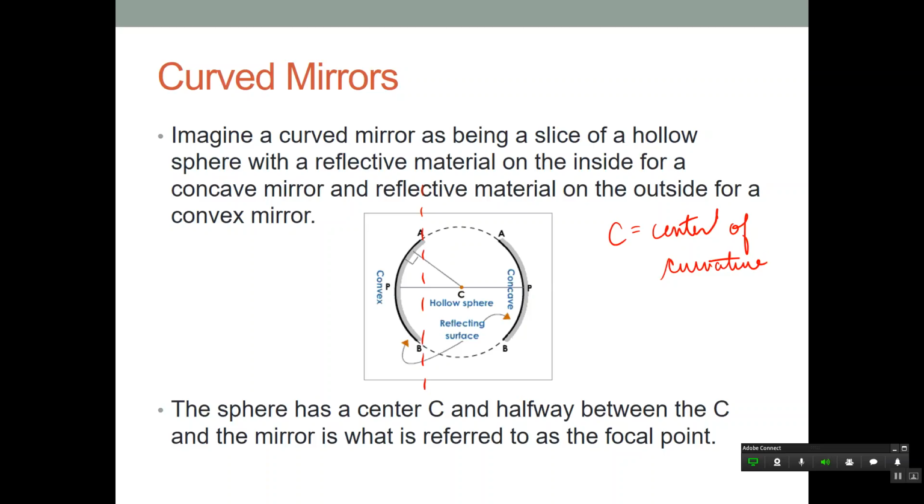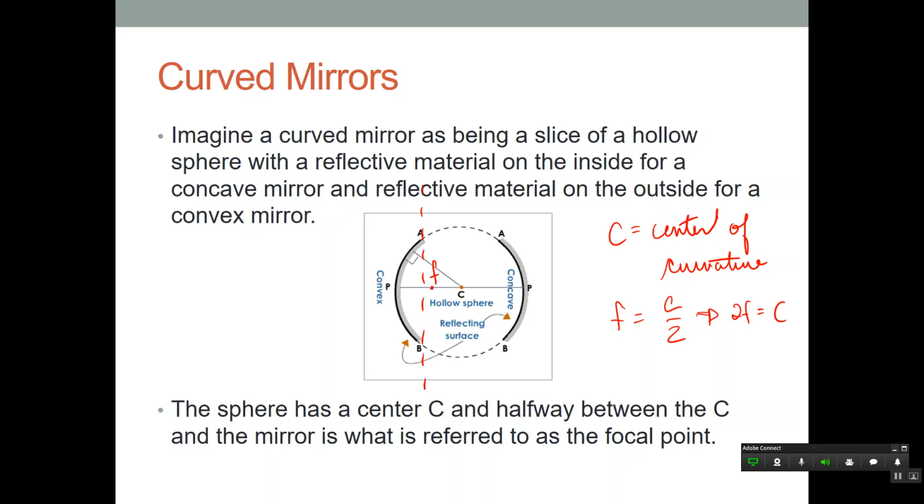Usually, if this was cut from a perfect sphere, F is always going to be between the mirror and C. So you would say that F is equal to C over 2, or you can also say that 2F is equal to C. In this picture, F would be somewhere along there. And that's the focal point that you're talking about when you're looking at a curved mirror.